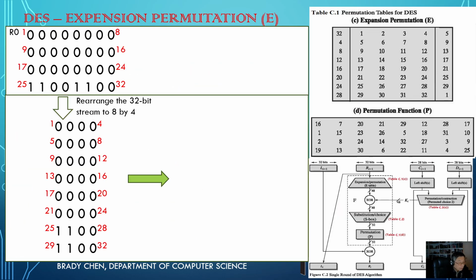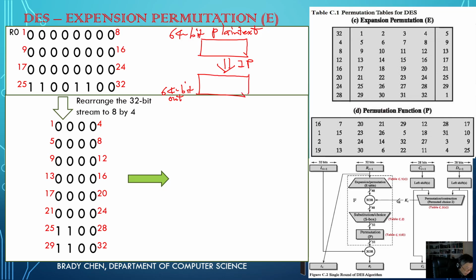So after the initial permutation, we actually convert the 64-bit plaintext into a 64-bit output. So that's the initial 64-bit plaintext, and then after the initial permutation, we generate an output. And then we divide the output into two parts.